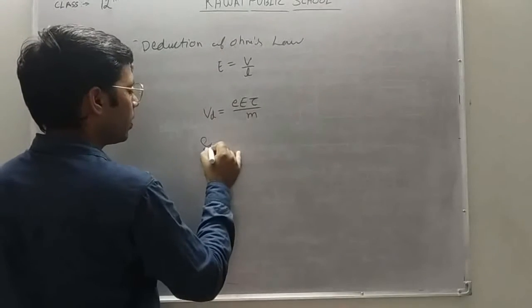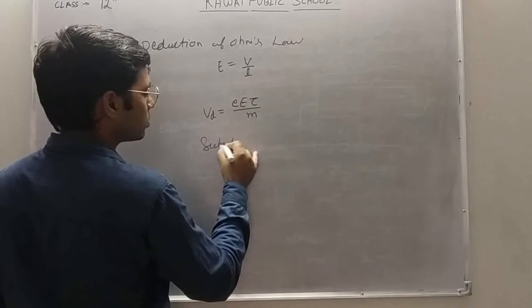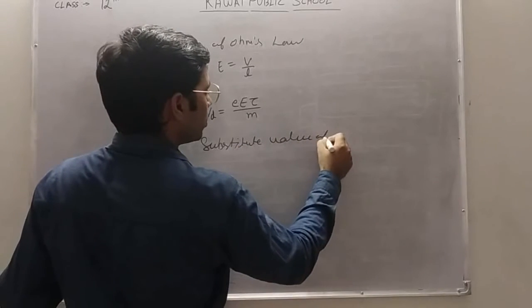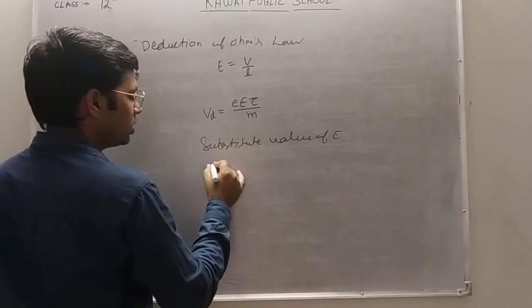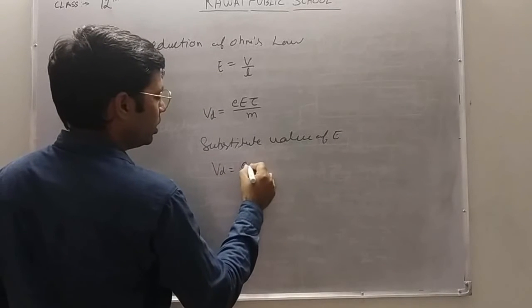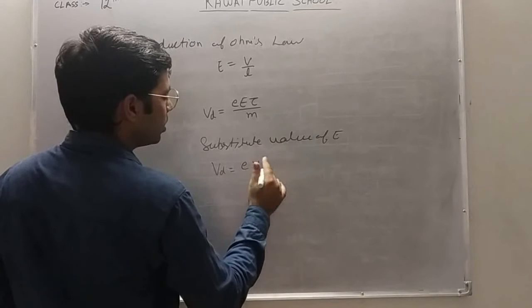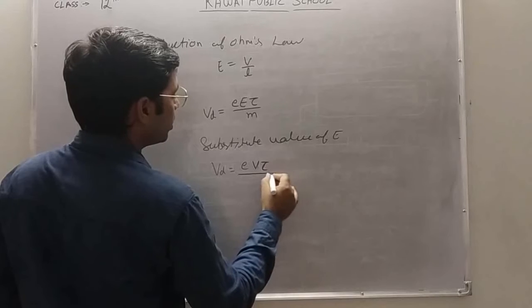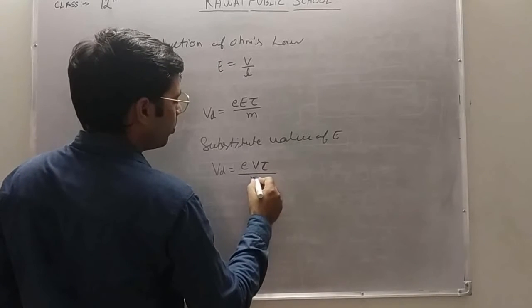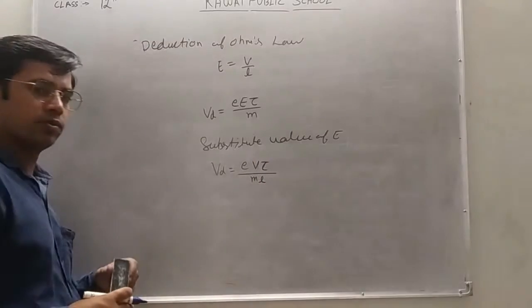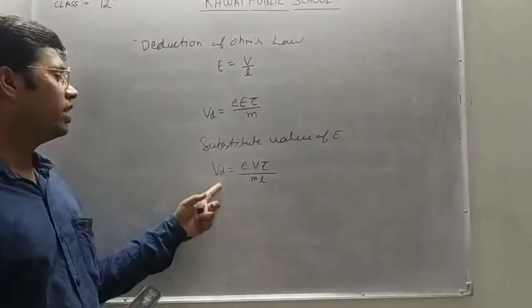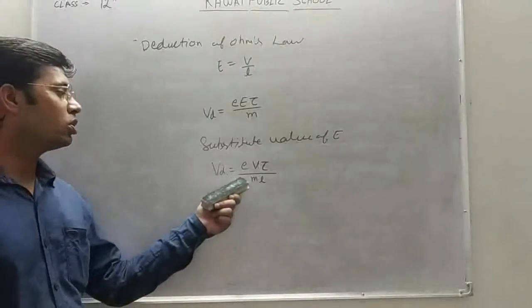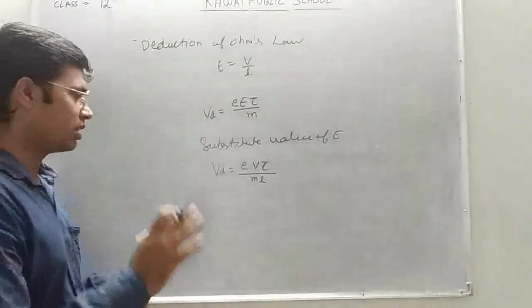Substitute the value of capital E. So vd equals eV tau divided by mL. We substituted the value of electric field in this expression.